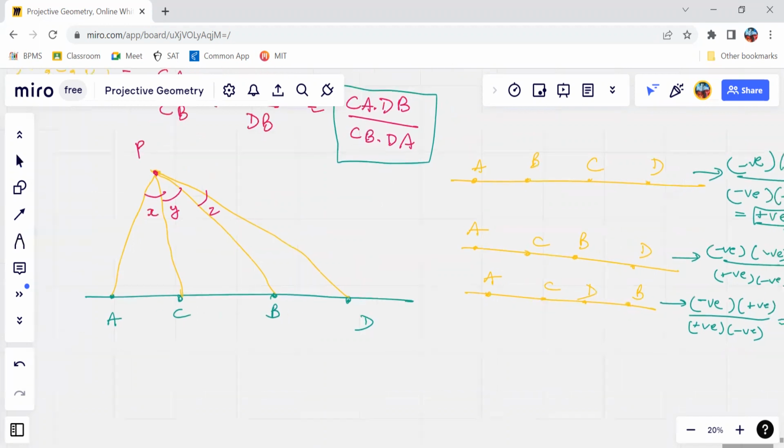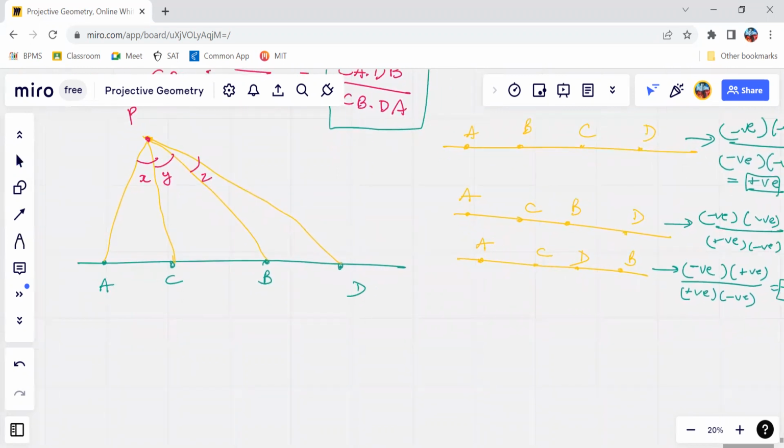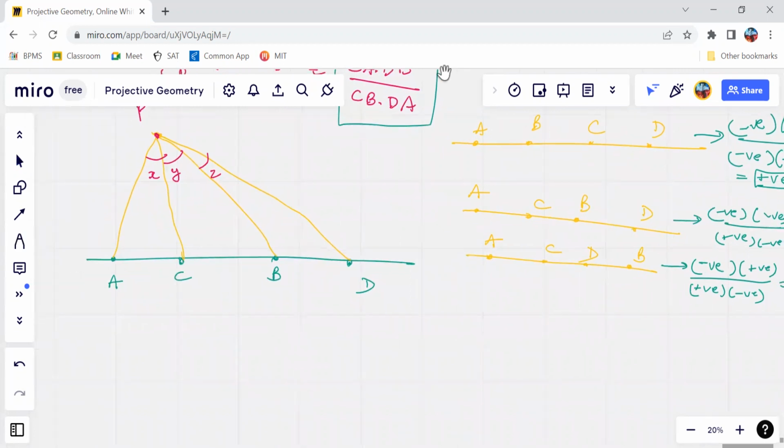So we want to express this cross ratio in terms of these angles. And it turns out you can actually write it in terms of those angles, which turns out to be pretty useful. Because suppose that this cross ratio depended only on these angles, then let's pick something else.